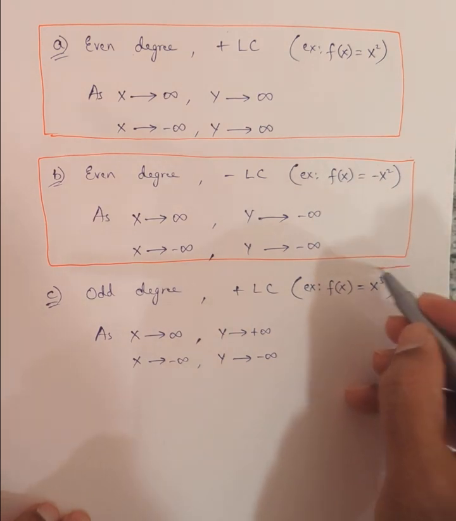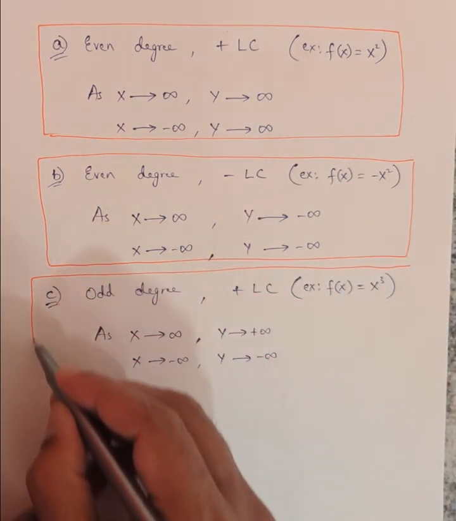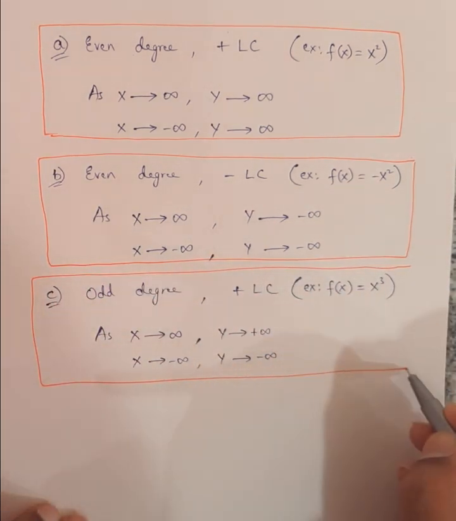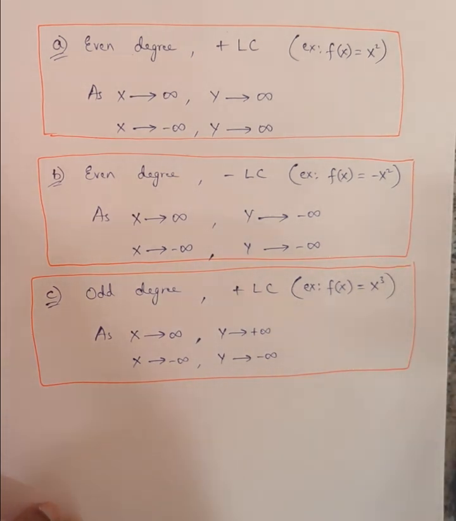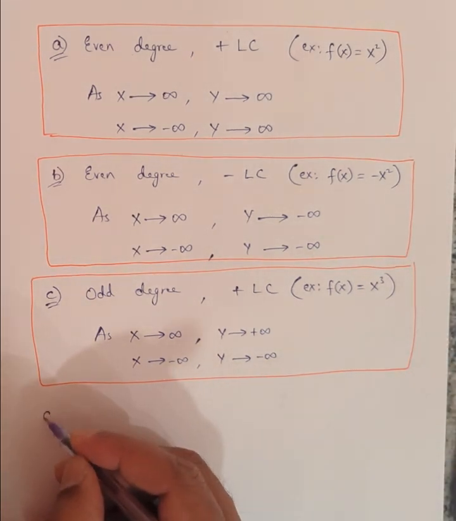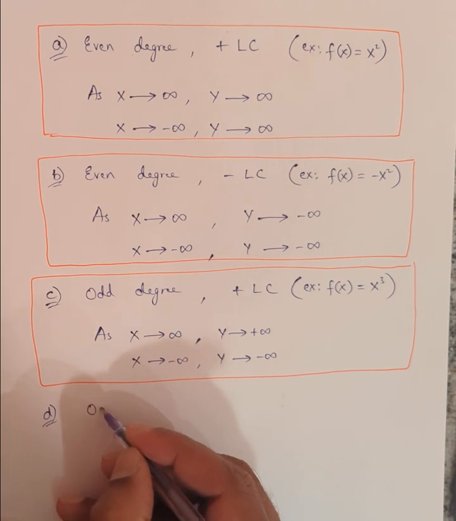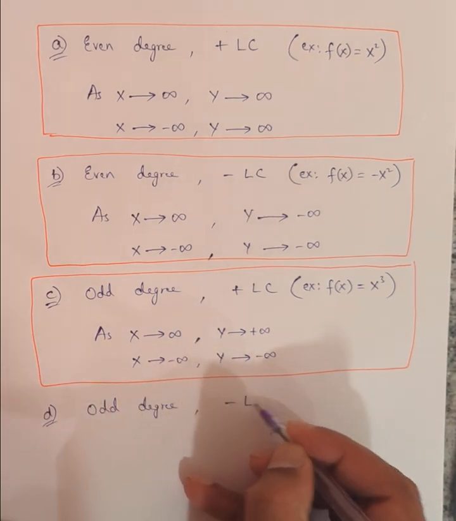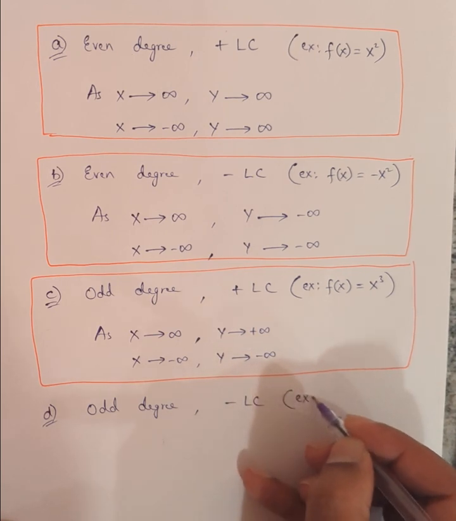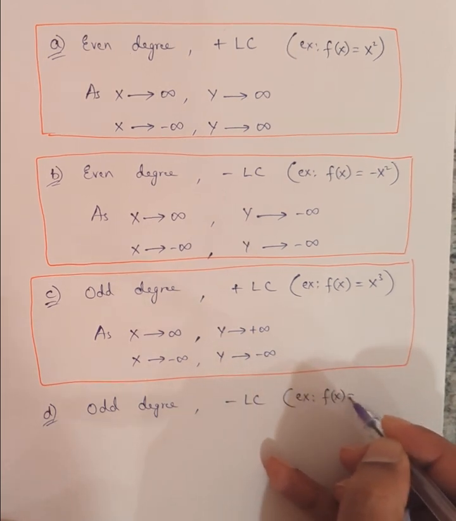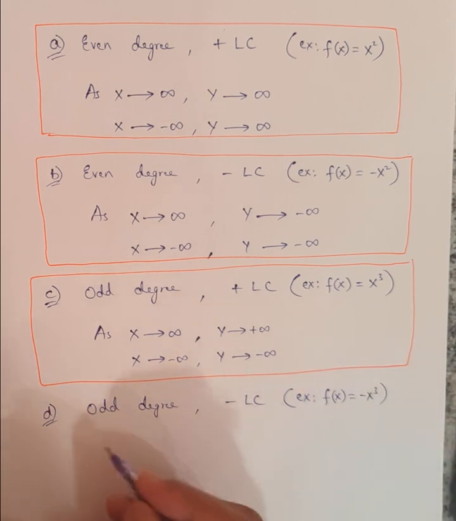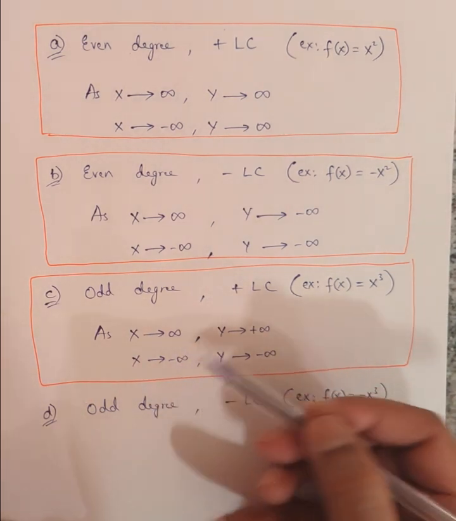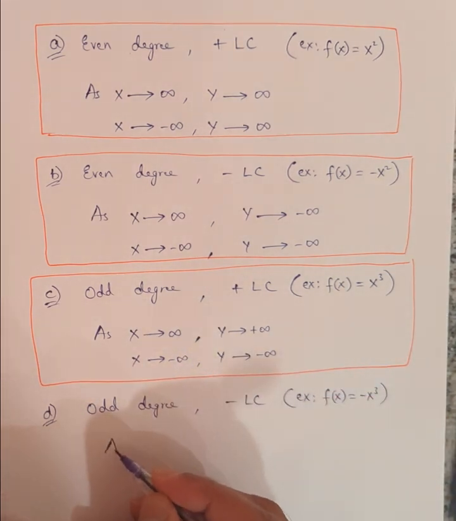And finally, odd degree and negative leading coefficient. That example is negative x cubed. What do we notice? The behavior is going to be opposite.